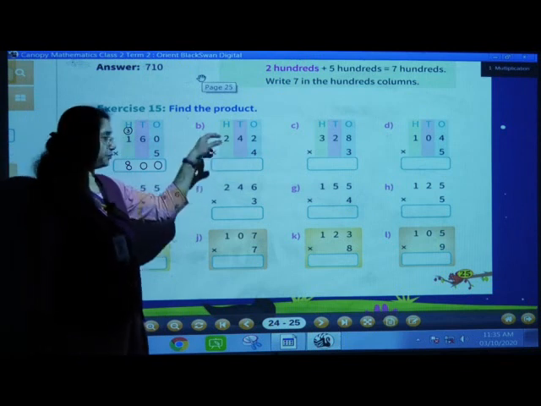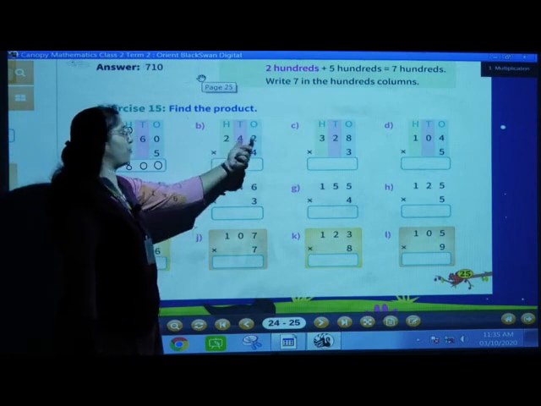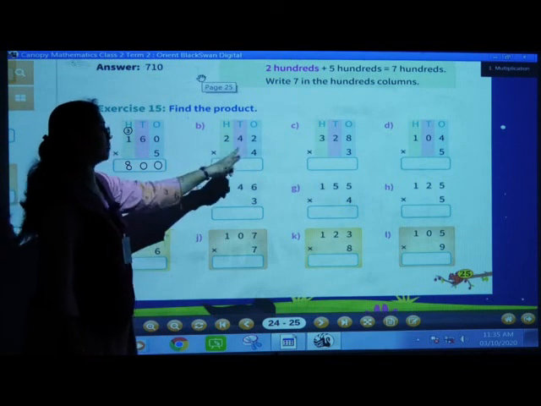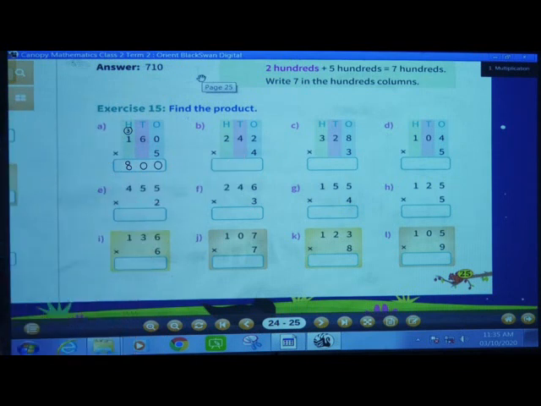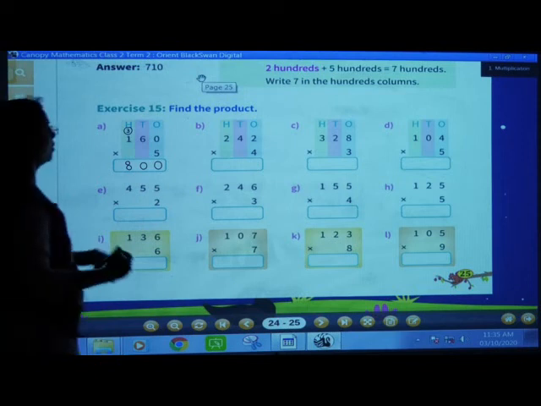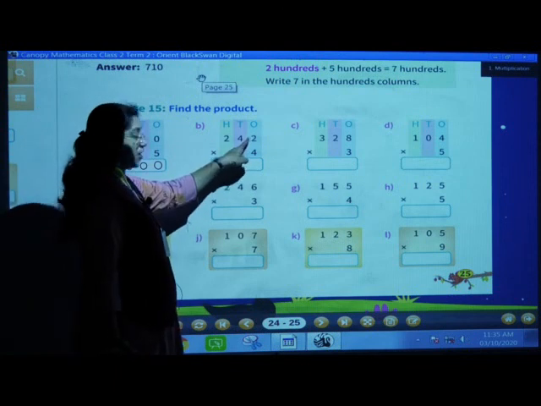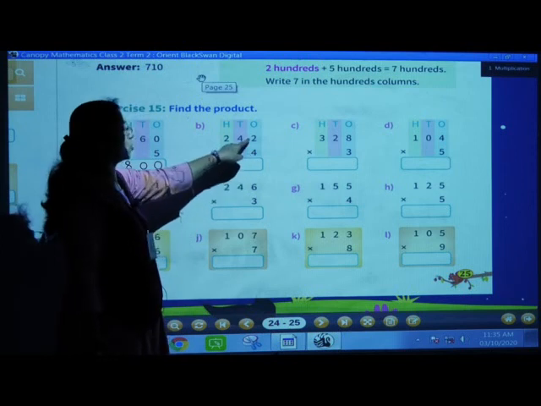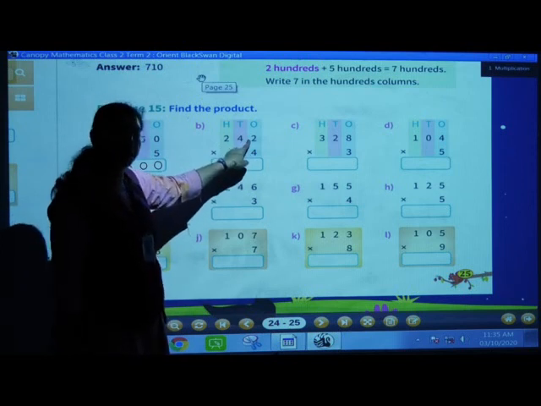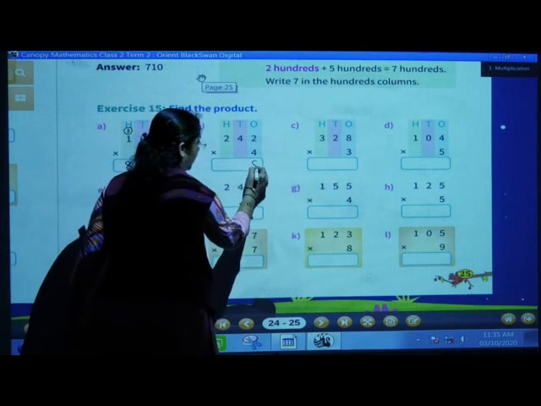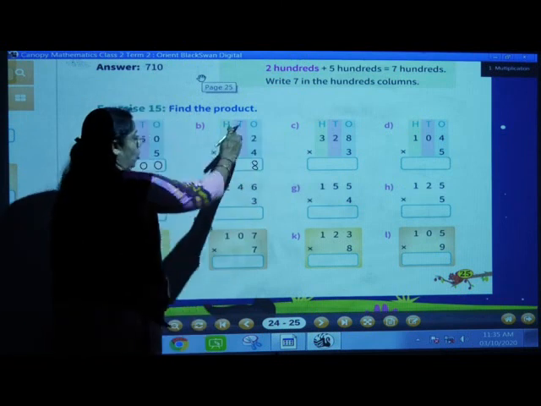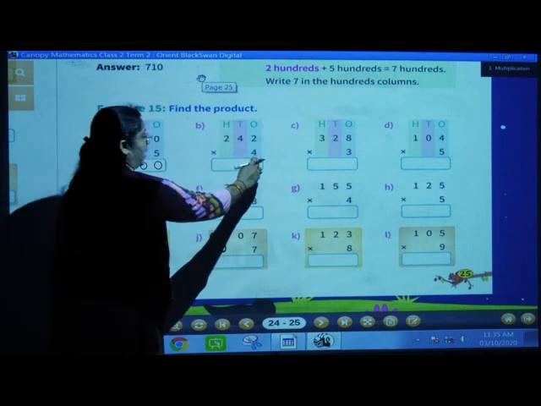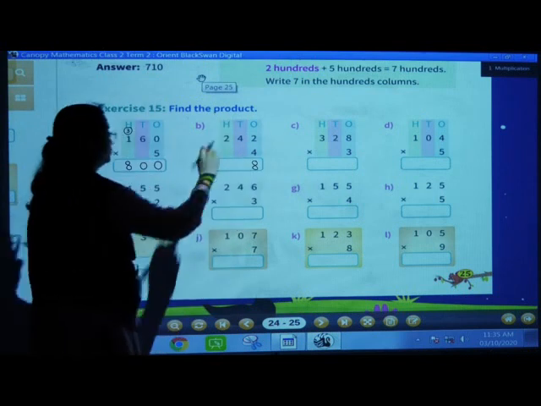B number. 242 multiplied by 4. First we have to multiply 2 ones by 4. 4 twos are 8. 8 ones means 8 we have to write in the ones column. Okay? Don't write in the tens column. 8 we have to write only in the ones column.